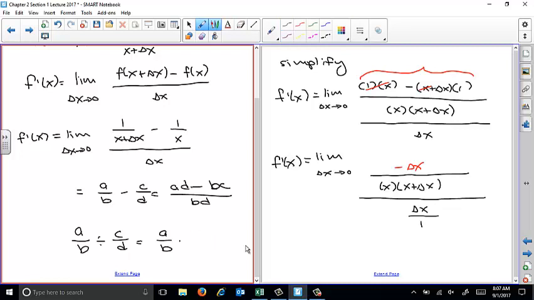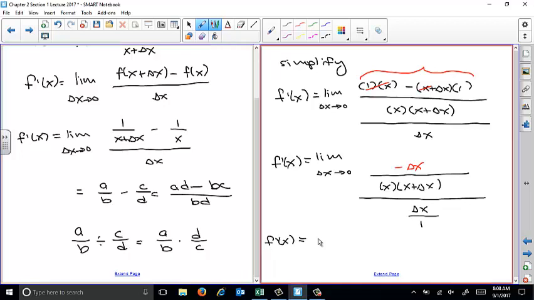So instead of dividing by the fraction c over d, you take the reciprocal of what you're dividing by. We're going to do the same thing here.